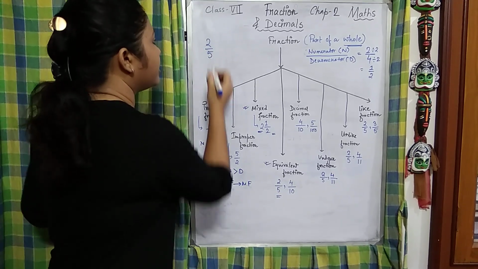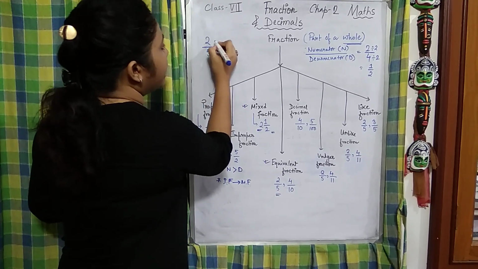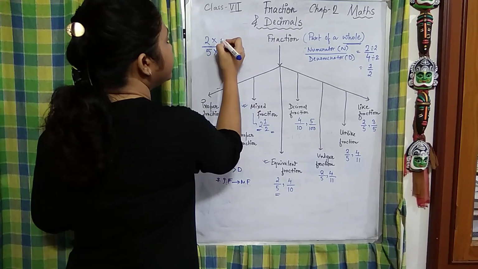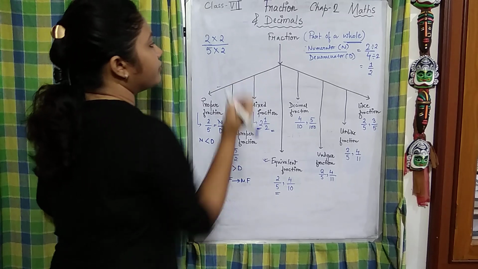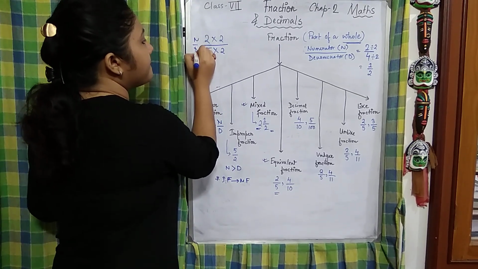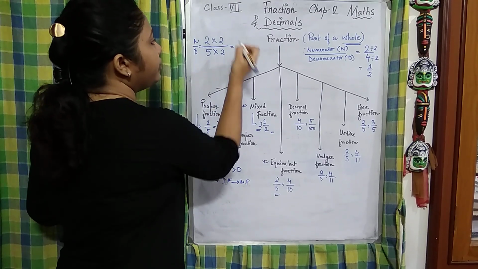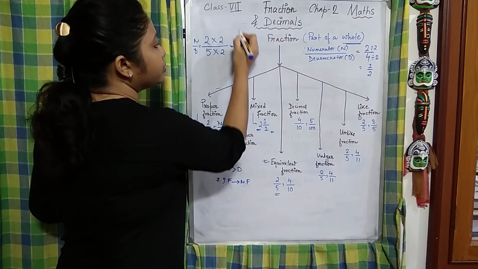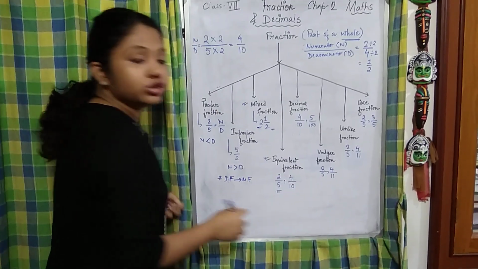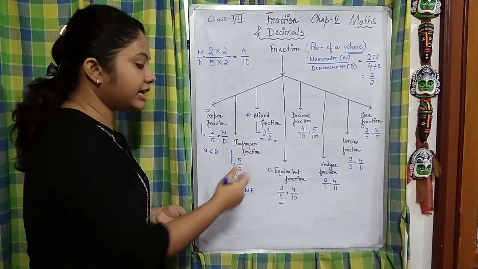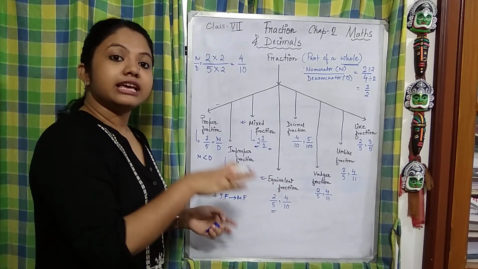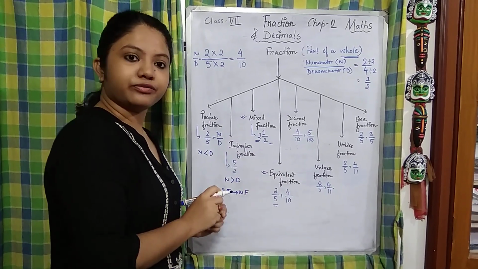How are they similar? Let's multiply the numerator and denominator both with 2. When we are multiplying both the numerator and denominator by 2, we are getting what? 2 2s are 4, 5 2s are 10. See? So, 2 by 5 is the equivalent fraction of 4 by 10, or 4 by 10 is the equivalent fraction of 2 by 5.